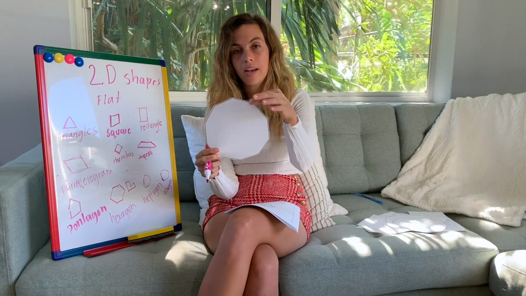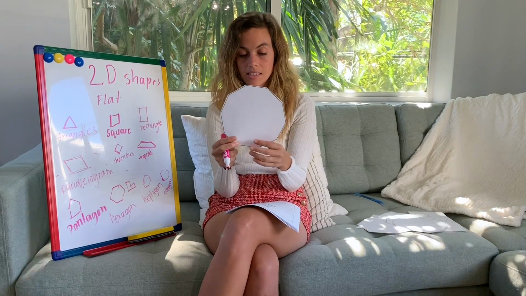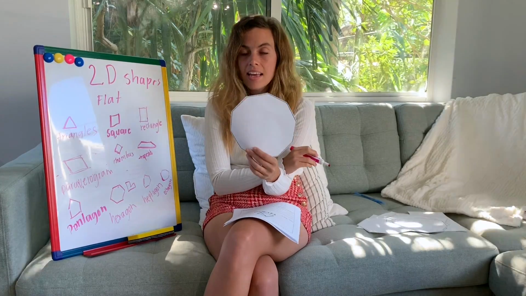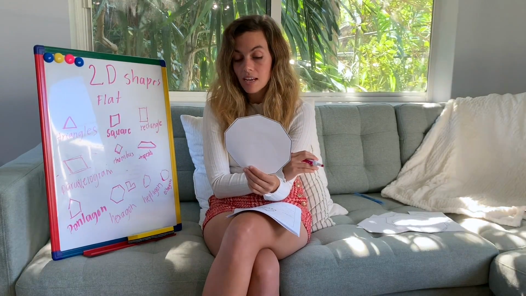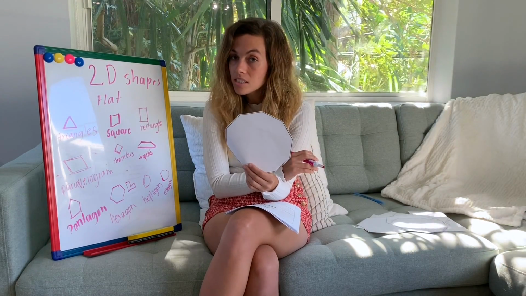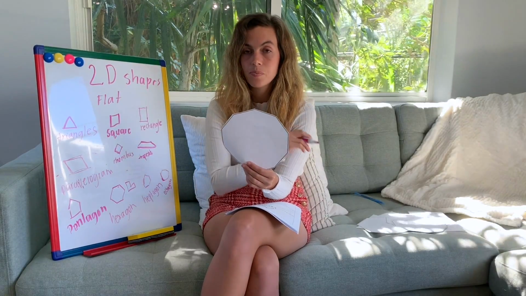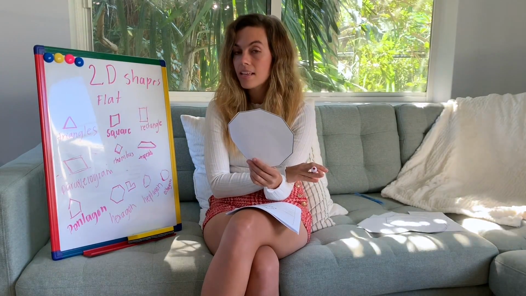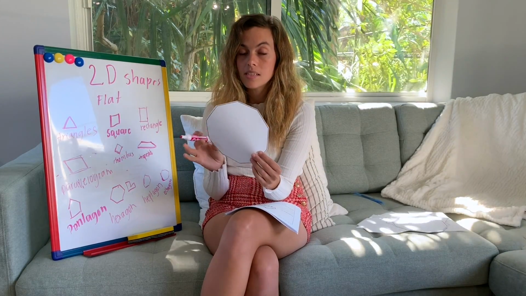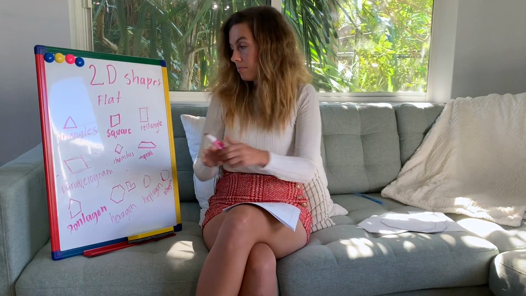It has 10 sides. You might have seen a watch that has 10 sides, or sometimes a pool might have 10 sides, or a star has 10 sides. So those are decagons, and this is a 2D shape with 10 sides.